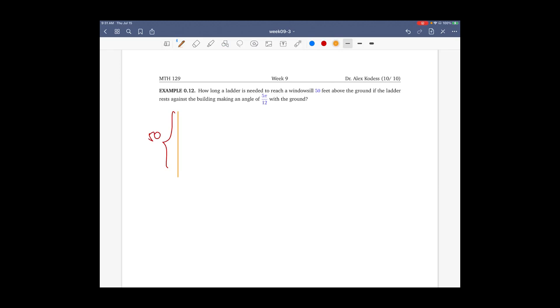And the ladder rests against the building, making an angle of 5 pi over 12 with the ground. So, I mean, this here is the ladder, this here is the ground. So, of course, this angle is 5 pi over 12. So therefore, this angle is pi over 12.